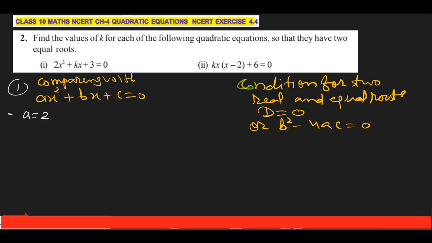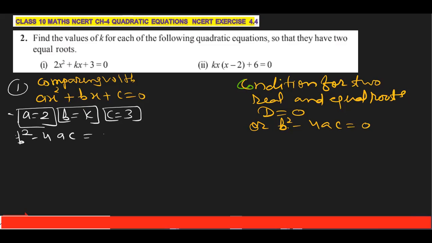We have a is 2, b is k, and c is 3. b square minus 4ac should be equal to 0. It is already given that the roots will be equal, means b square minus 4ac will be equal to 0.